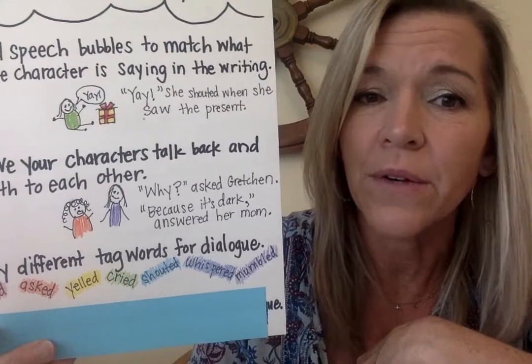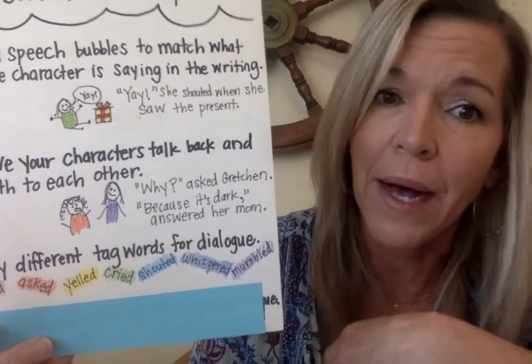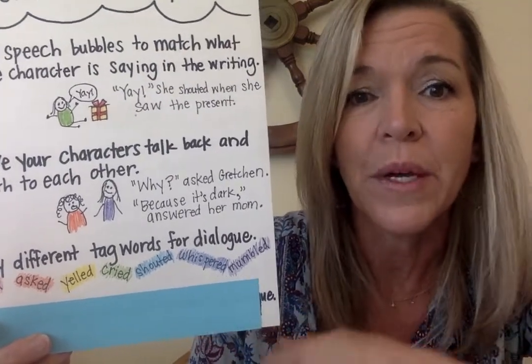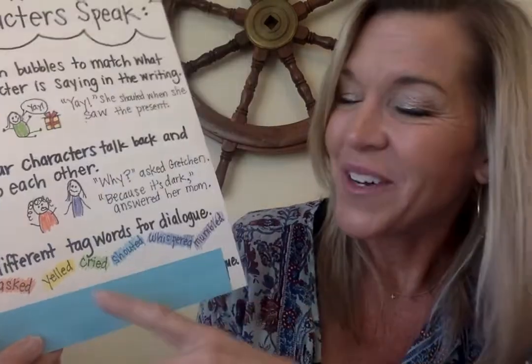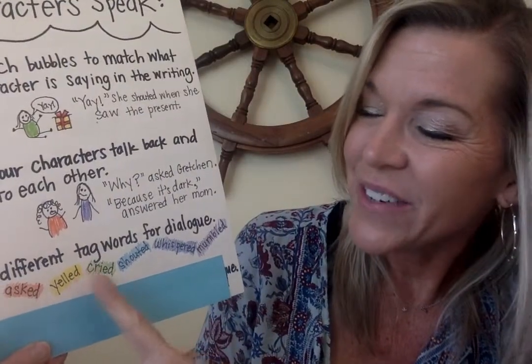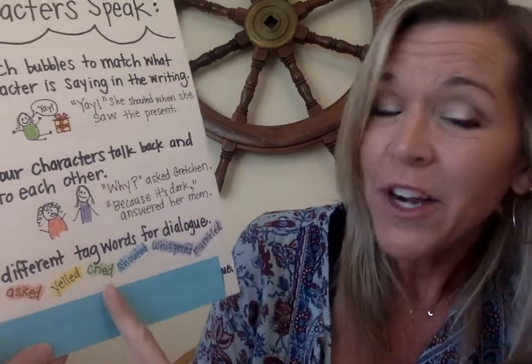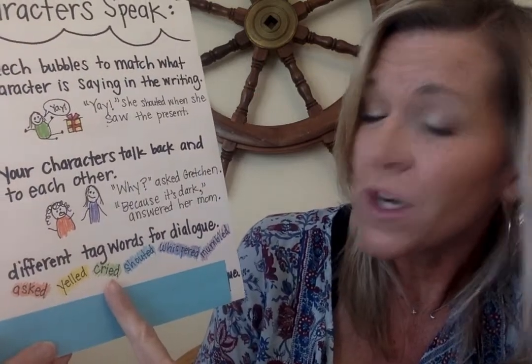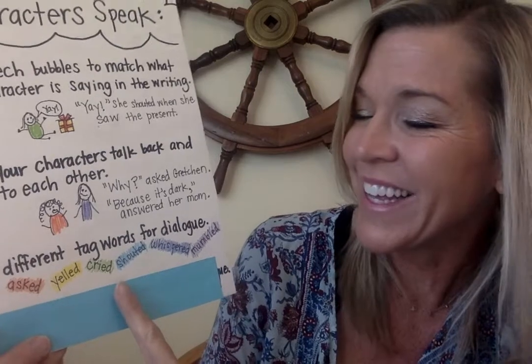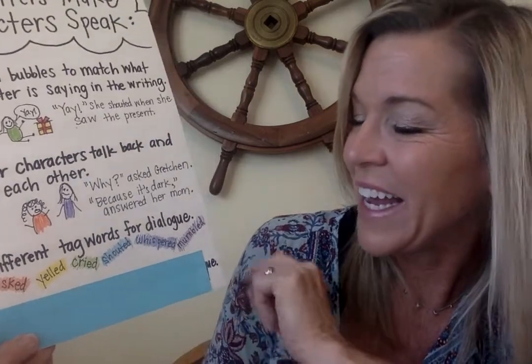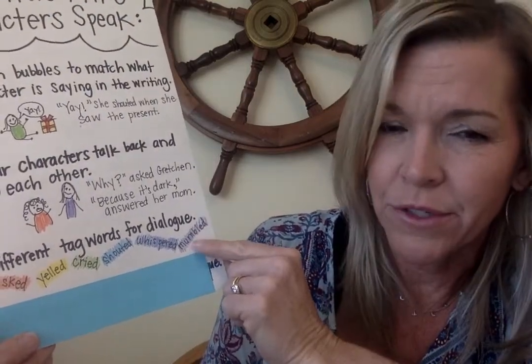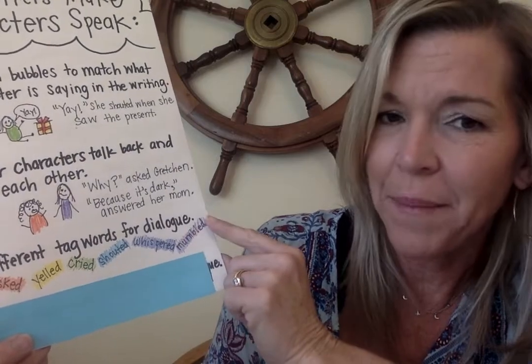Or "I don't want to go to the grocery store," said Bob. "I want to play with my dog." So you can try different words. You can say, "I don't want to go to the grocery store," cried Bob. Or you could say, "I don't want to go to the grocery store," mumbled Bob.